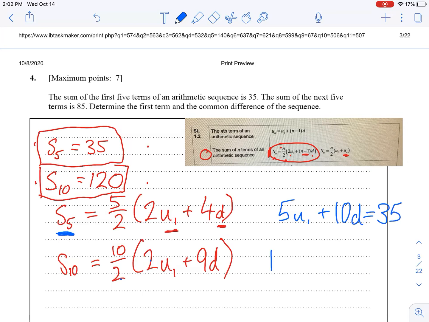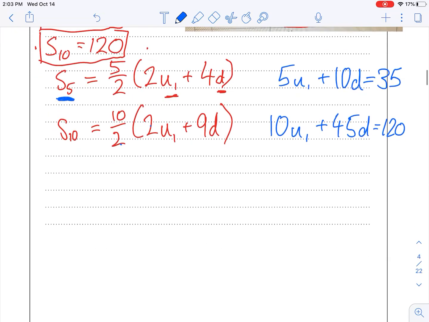This one, we're going to get 10u1 plus, and then we go 4.5 times 10, I think that's 45d. And that all adds up to 120. So we've got some simultaneous equations there that I can solve.